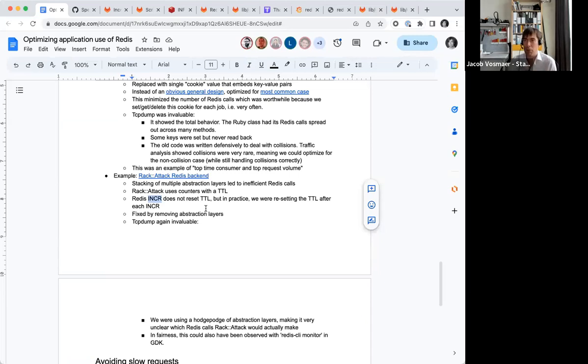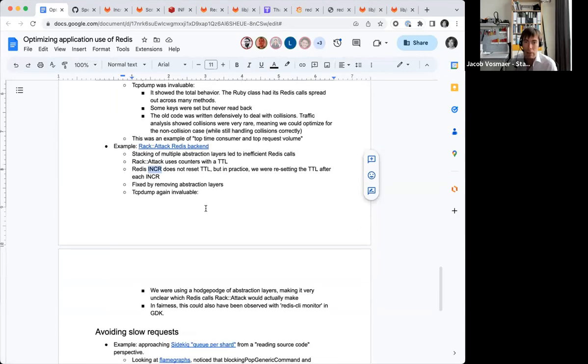If you do everything through Active Record or through ORMs on a SQL database, you sometimes also don't get efficient queries, and you need to just write SQL yourself. So it's the same kind of problem. And this showed up through tcpdump because we could see all these calls happening clearly. But it also showed up in the request counters because the number of expire calls, so the number of TTL calls, didn't make sense.